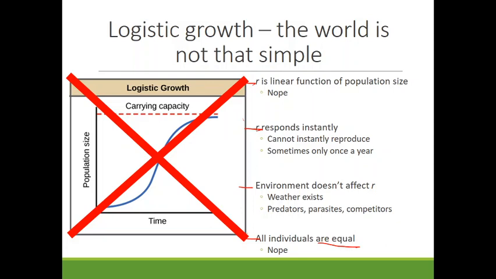Because it's older, bigger, has more biomass, has more leaves that can then convert sunlight into seeds, right? So we know there are limitations to this model.